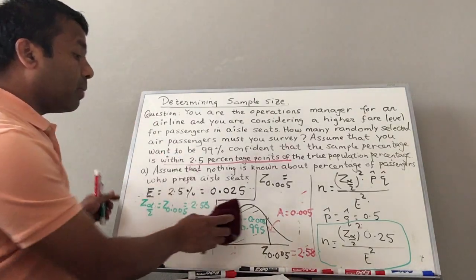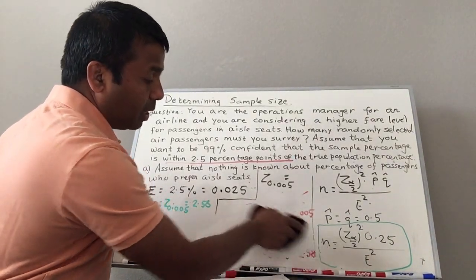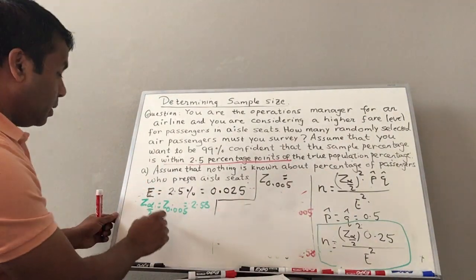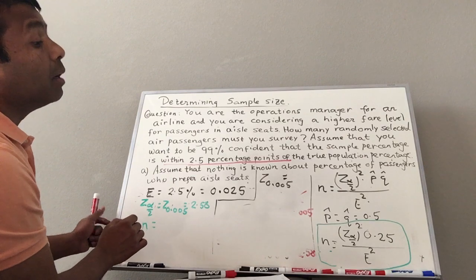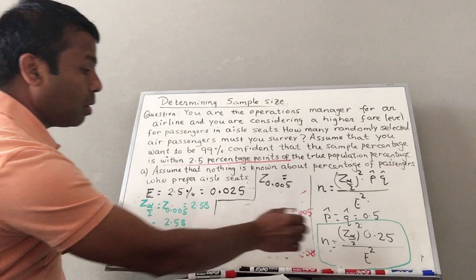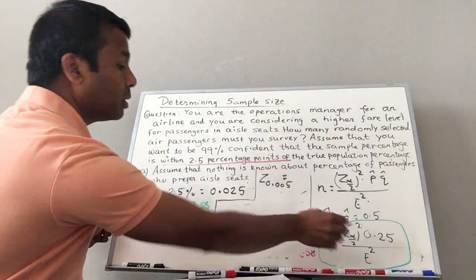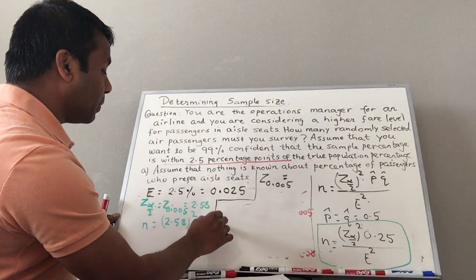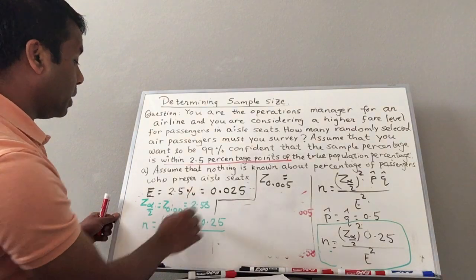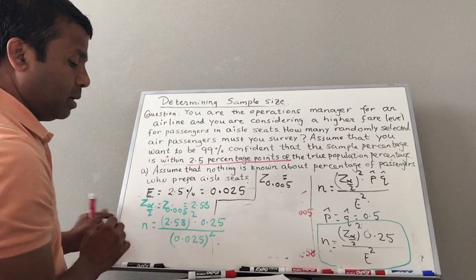And now you plug in these values in this formula, the bottom formula. So n equals z alpha over 2, 2.58, I just plug in the value of z alpha over 2 and square that, times 0.25, over E square, and the margin of error is this, so 0.025 square, right?